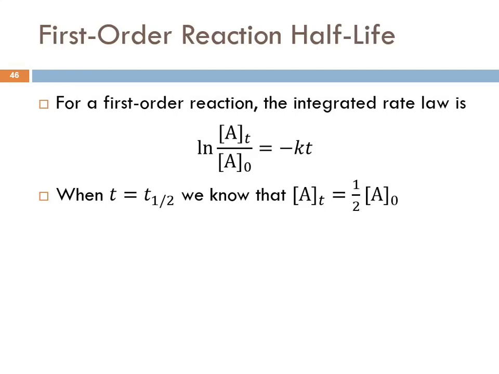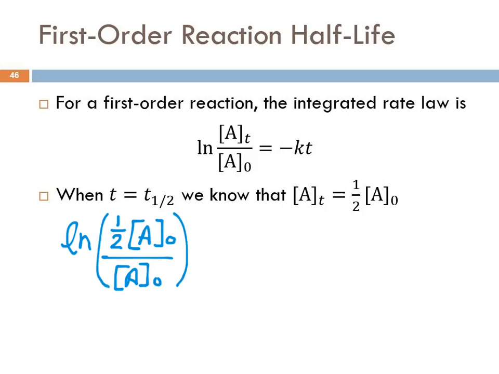So we can plug these things in and solve to find out what the half-life is. So we've got the natural log. The numerator here is 1/2 of A0, and it's divided by A0. So the natural log of that whole thing is equal to minus k times t1/2.